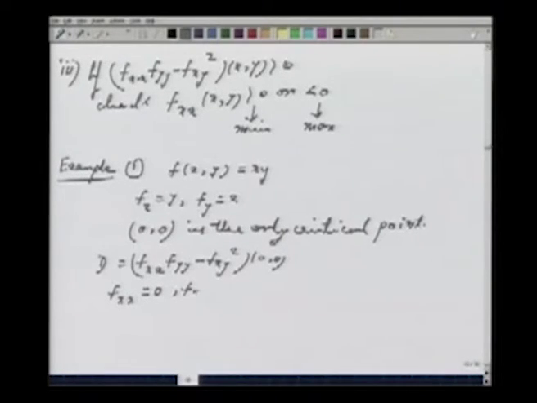What is fxy? fxy turns out to be 1. And what is fyy? Because fy is a function of x only, fyy is 0. This implies D is equal to minus 1. So this implies, in this case, 0, 0 is a saddle point.